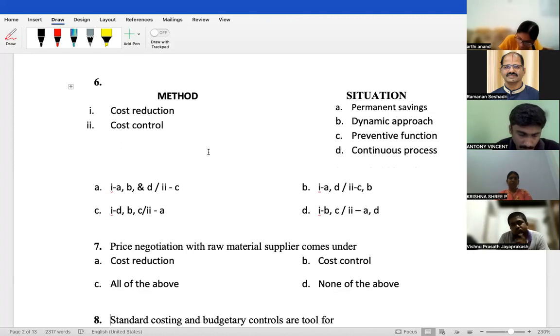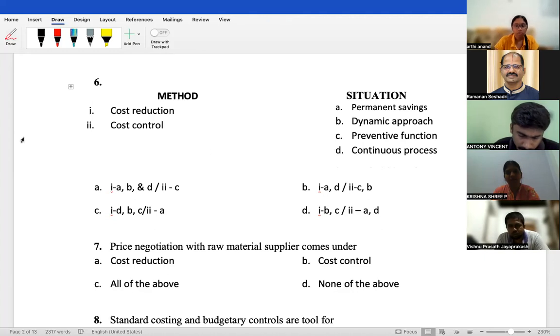Method and situation. Method: cost reduction, cost control. Situation: permanent savings, dynamic approach, preventive function, continuous process. So which of these come under cost reduction and which under cost control?